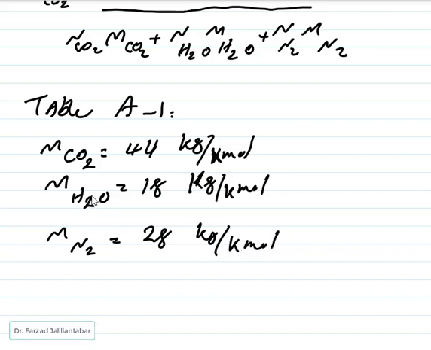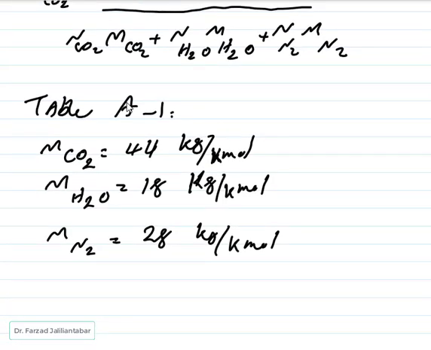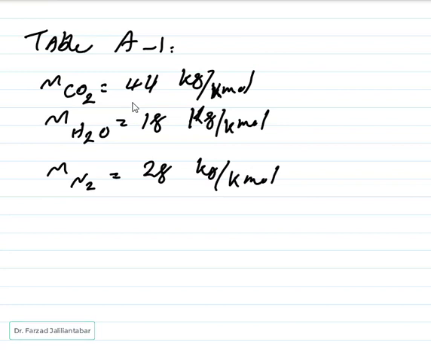So now we have molar mass, so we can go and calculate the mass fraction of the CO2 in the products. We know the molar mass, and also we know the mole of this component in the reactions.